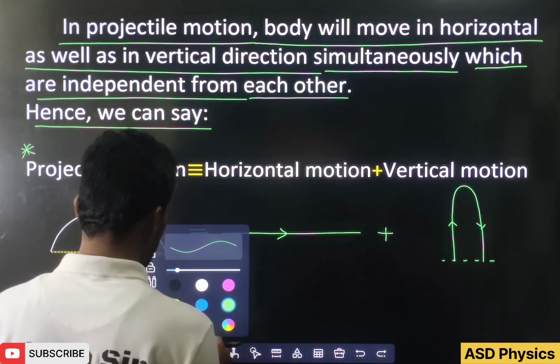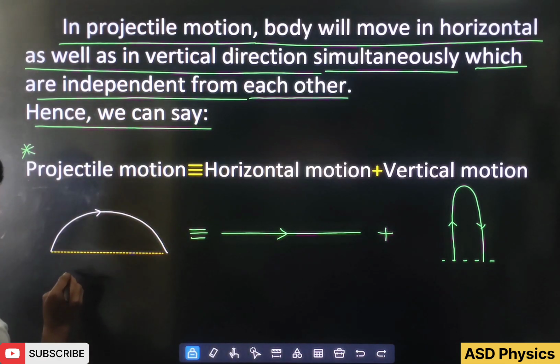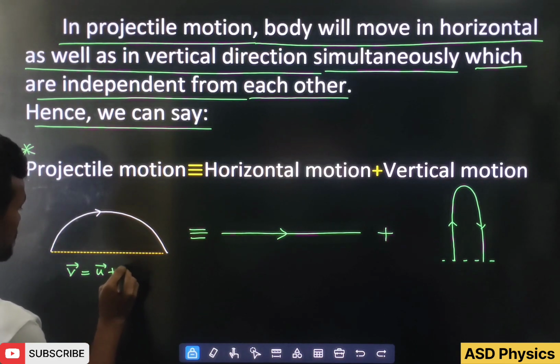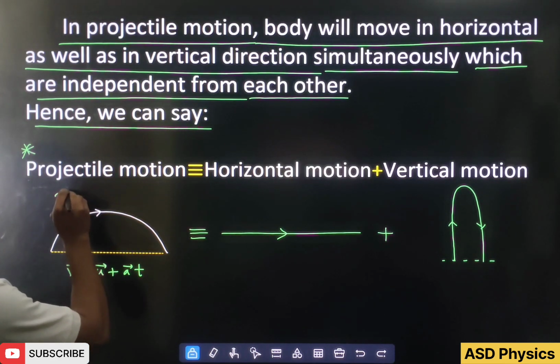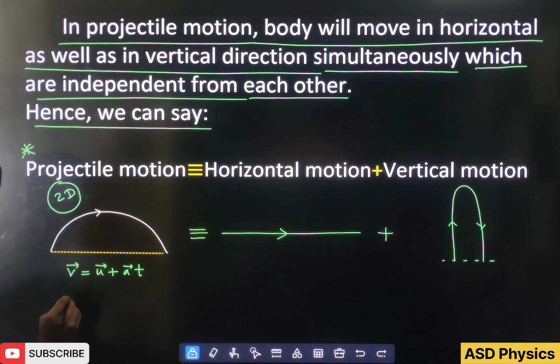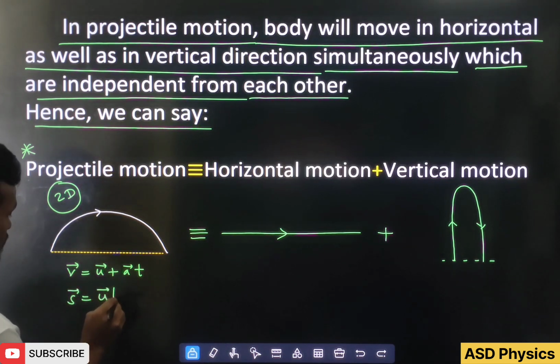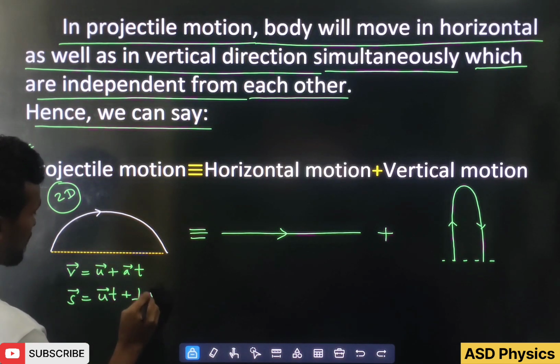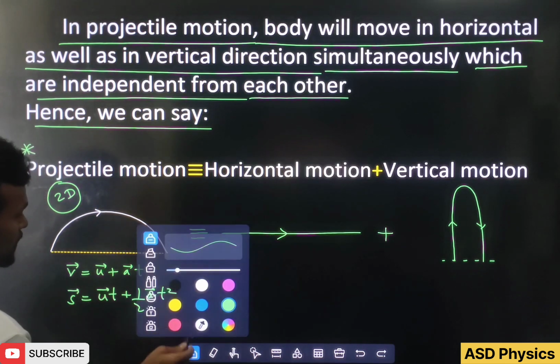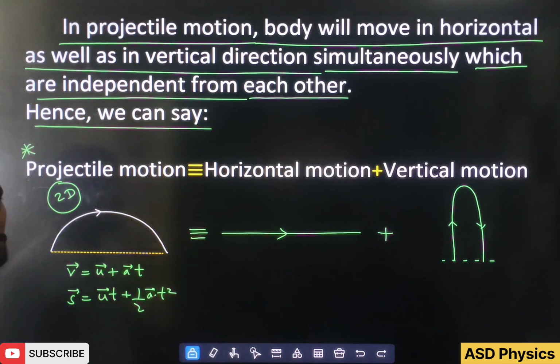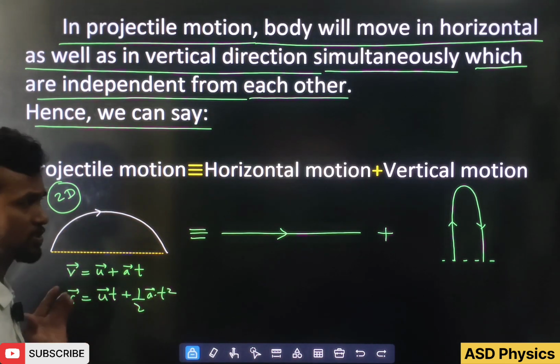So here we can write the equations: vector v equal to vector u plus vector a t, because this is 2D motion. Or the second equation, vector s equal to vector u t plus half vector a t square. Here this is 2D motion, so we can use these.